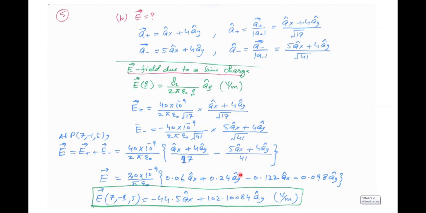After some numerical manipulation, we come across this result. This represents the value of electric field at P point. The electric field has two components, one along the negative x-axis and another along the positive y-axis.